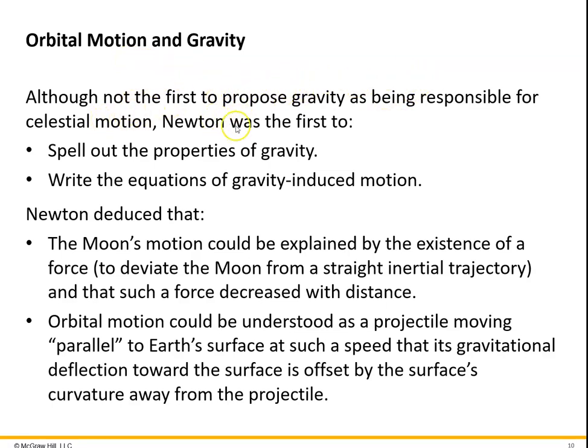It turns out it wasn't really Newton that first proposed that gravity was responsible. It was probably Galileo actually who first proposed it. But what Newton does is he adds mathematical precision to these ideas like no one had ever done before.